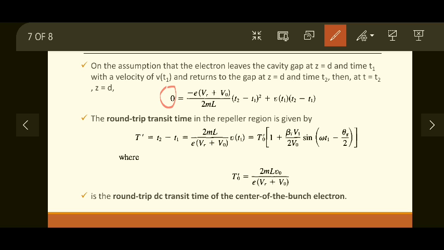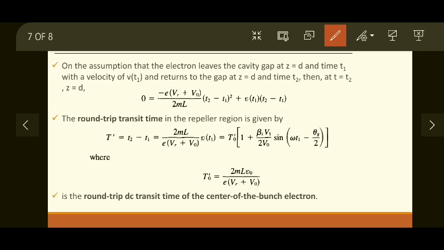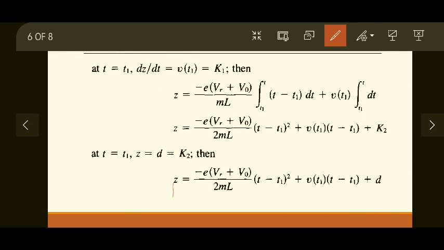Z is 0 because starting point and ending point both are same, so their difference is 0, and this is substituted in this particular derived equation. So z is equal to 0.